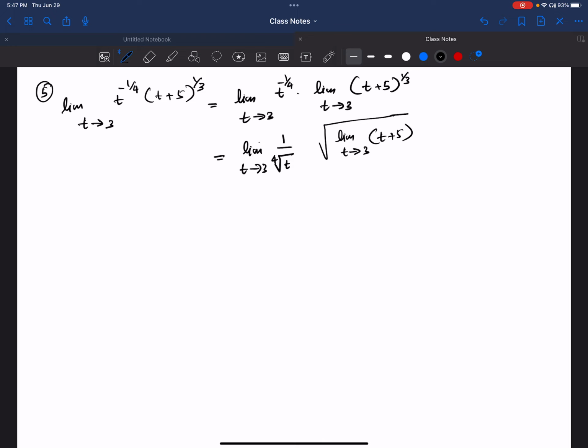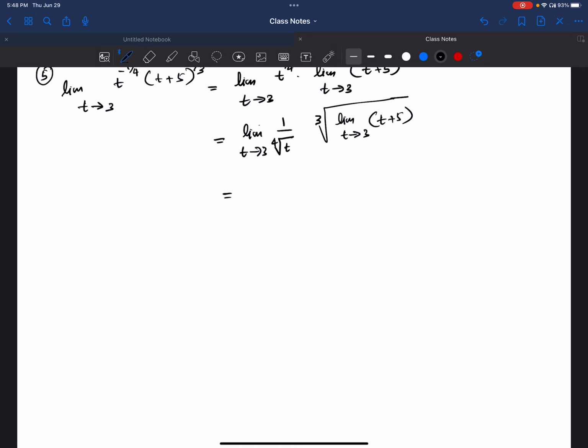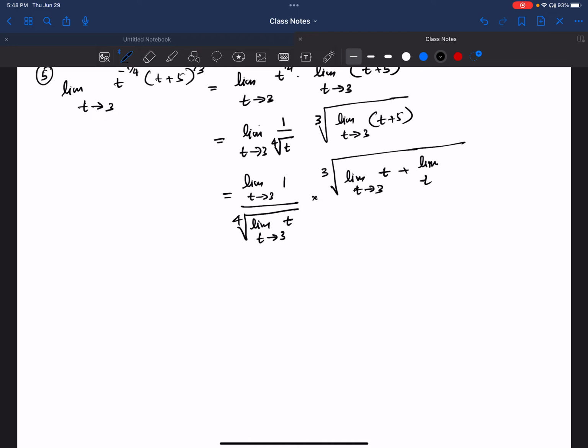plus 5, and the square root of 3, and we can write limit t goes to 3, 1 divided by fourth root of limit t goes to 3 t, times the limit t goes to 3 t plus limit t goes to 3 5.